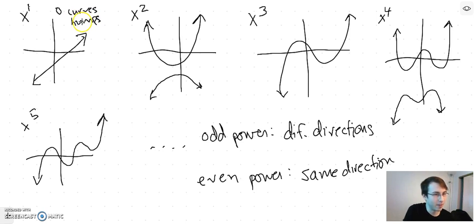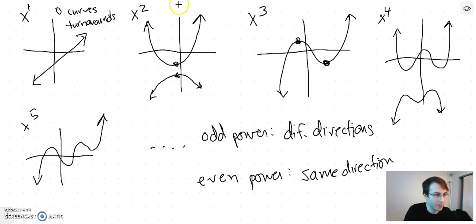Or, well, no, curves is probably... Maybe I should say turnarounds? Is that a better word? Because x squared turns around once. It turns around right here at the vertex, or it's going this way and it turns around right here at the vertex. X cubed can turn around at 2 spots here.